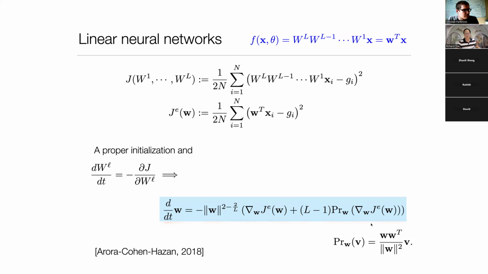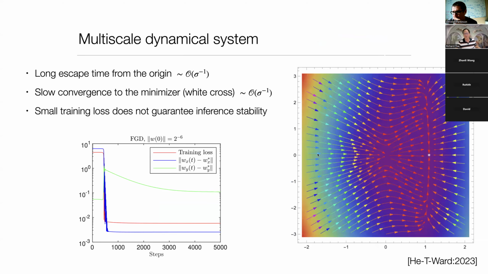Suppose you now assume that the distribution of x is multiscale. So in this particular case, we go back to our scenario where your data points concentrate mostly on the x-axis with a small variance in the y direction.